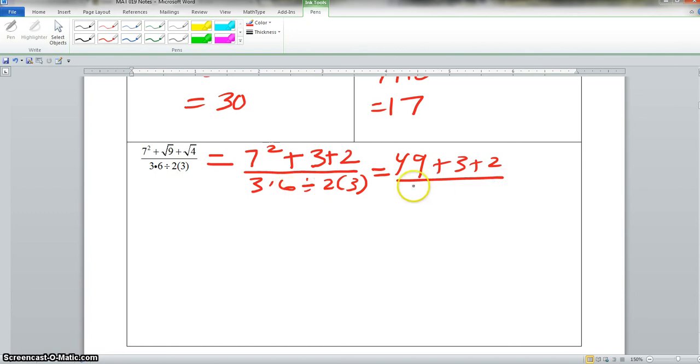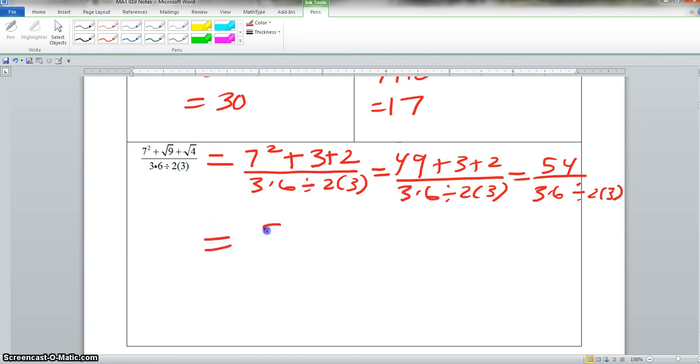Our denominator, we'll bring that over. Now if you notice, we have all addition in our numerator, so we could just add straight across. 49 plus 3 is 52, plus 2 is 54. All over, we have 3 times 6 divided by 2 times 3.